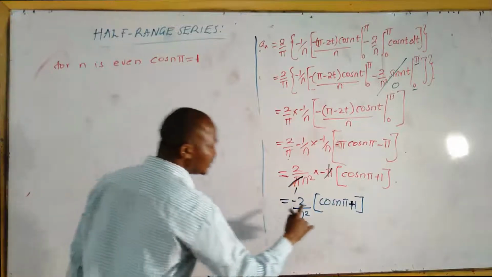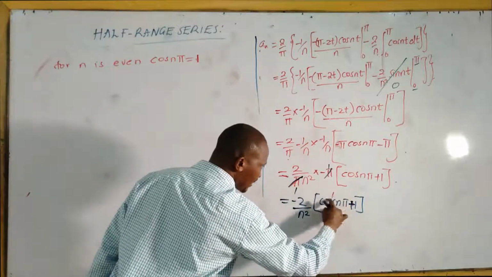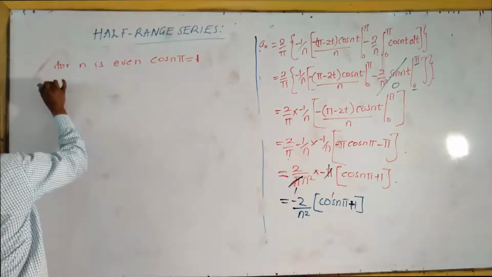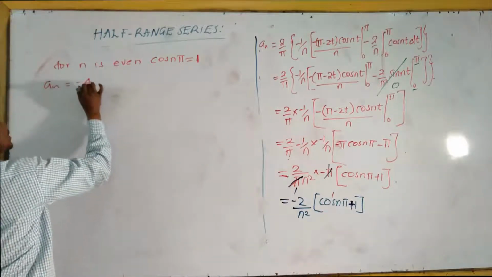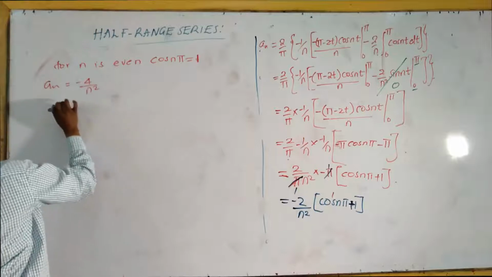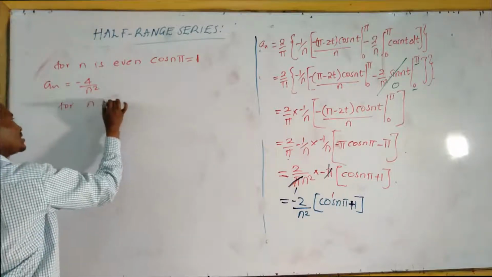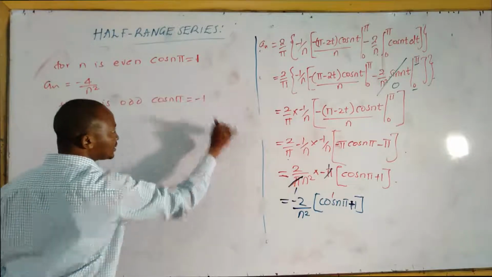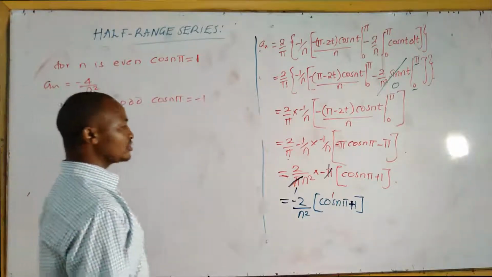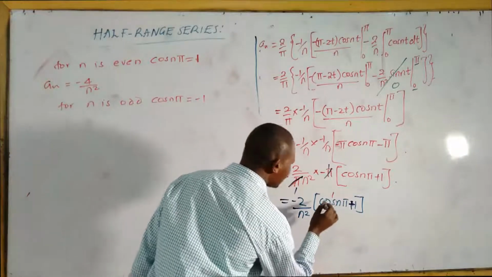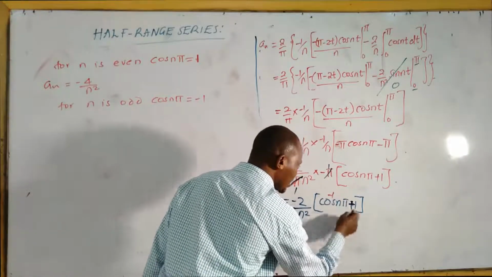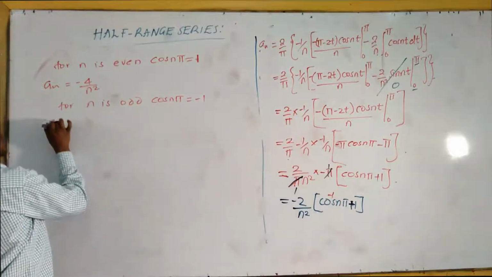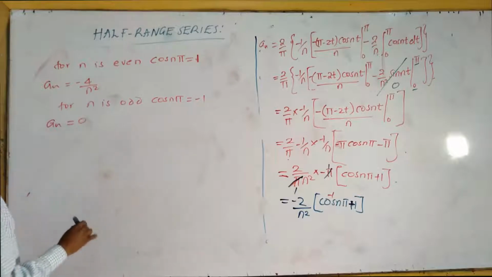So it is 1 plus 1, 2 times negative 2, negative 4. An is equal to negative 4 over n squared. For n odd, cos n pi is equal to negative 1. So negative 1 plus 1 is 0, times this is 0. An is equal to 0 for n odd.